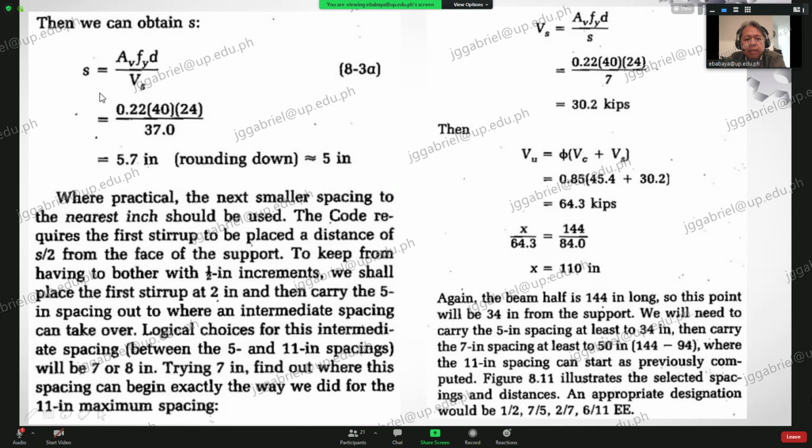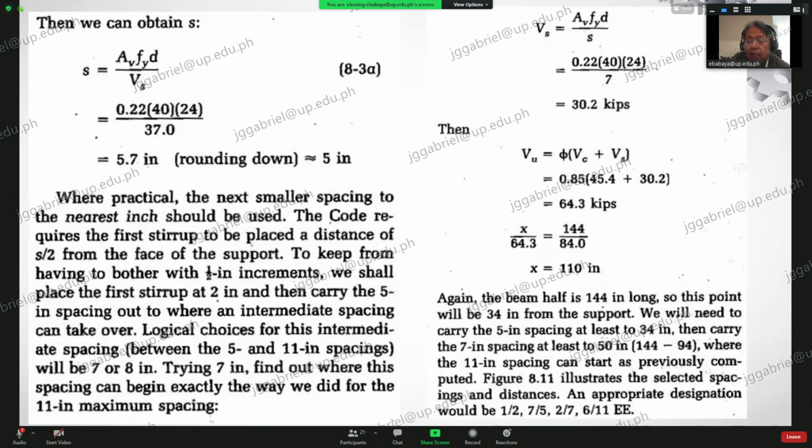Now, this is spacing. To be conservative, you have to round it down. You can't round up, because if you reduce the spacing, you're becoming conservative, but if you enlarge it, you won't satisfy the needed shear capacity due to the steel. So 5 inches. From 5 inches, what was the spacing at the maximum?